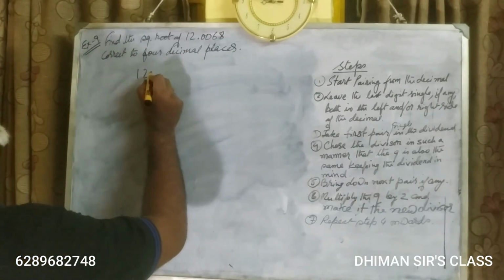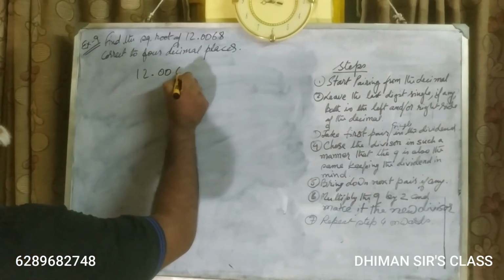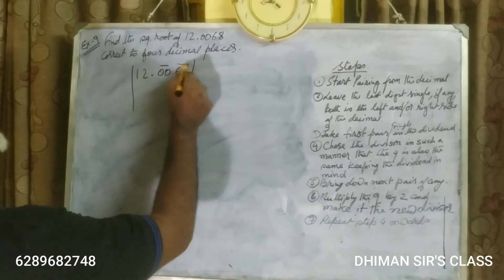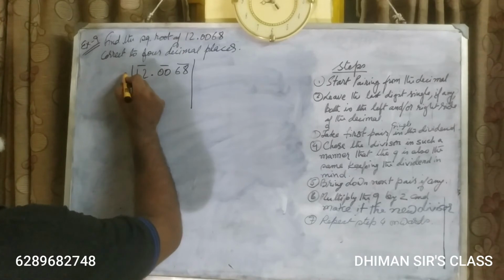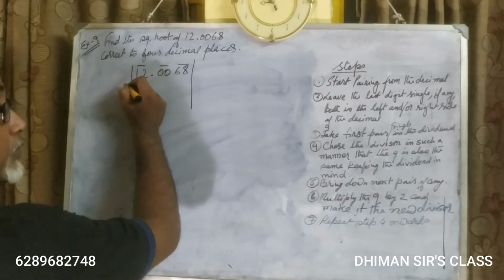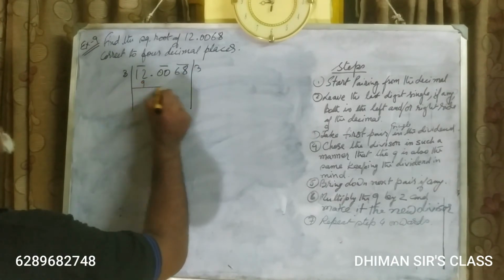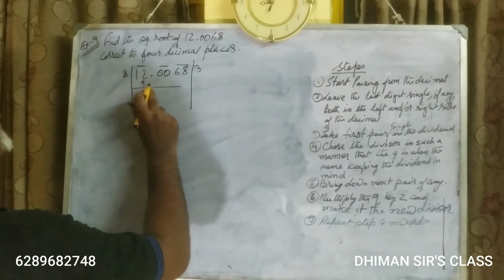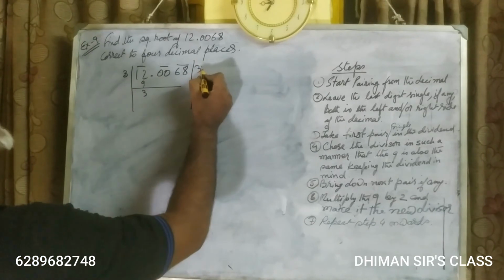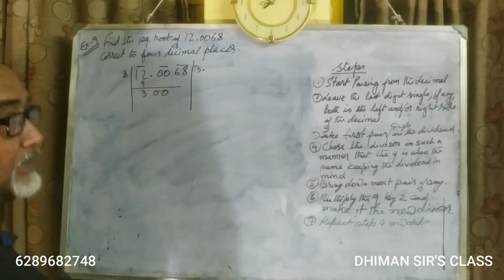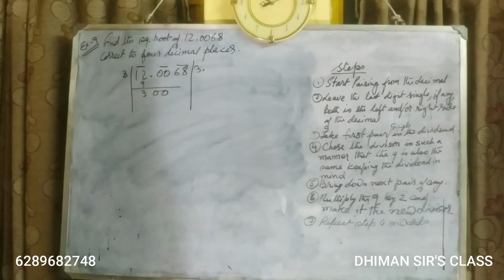So 1.0068. Decimal onwards, pairing. So 12. 6 is 4, 4 is 16 more, so it becomes 3, 3 is 9, 3. Now point will not come here, point will go here, 0 0 will come down. Now it becomes 300.